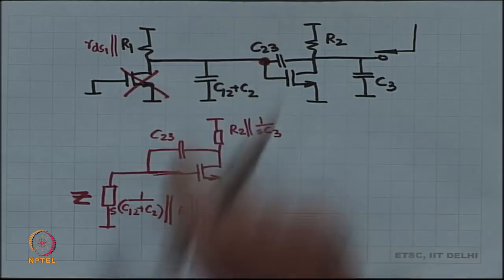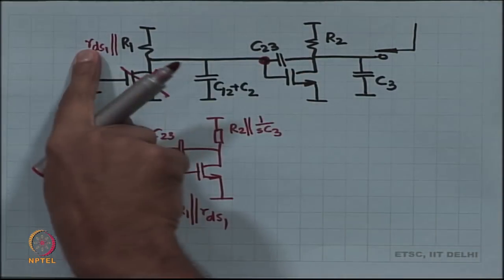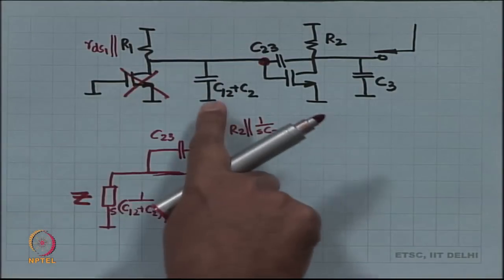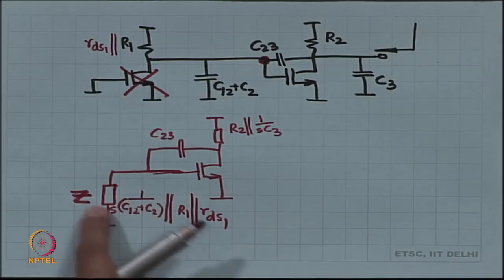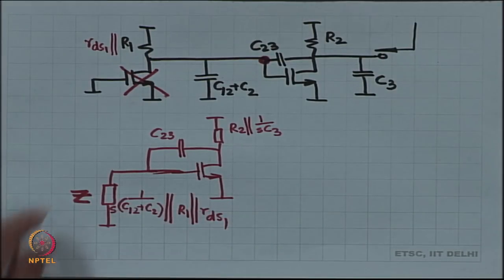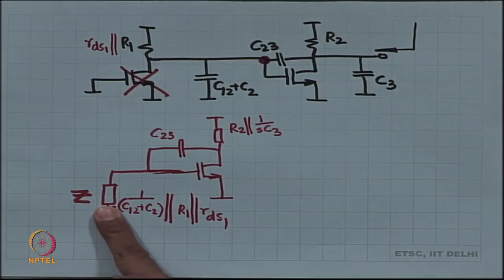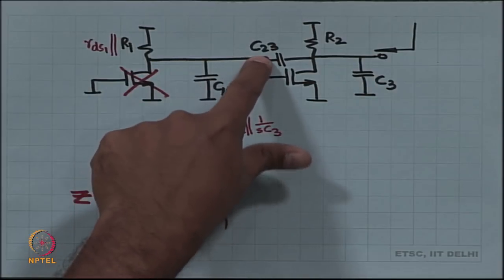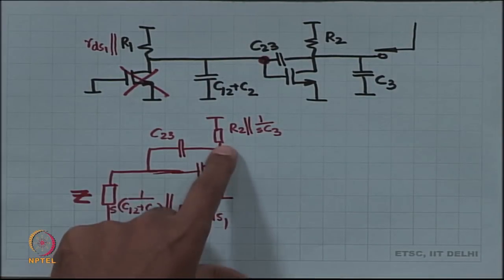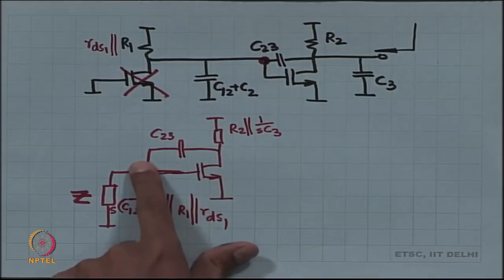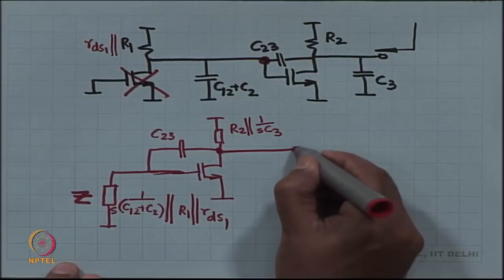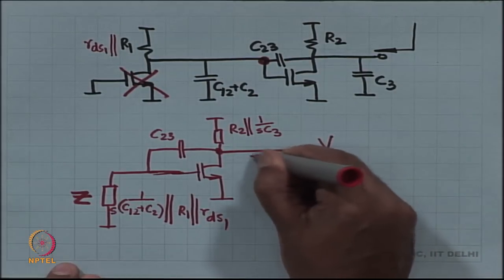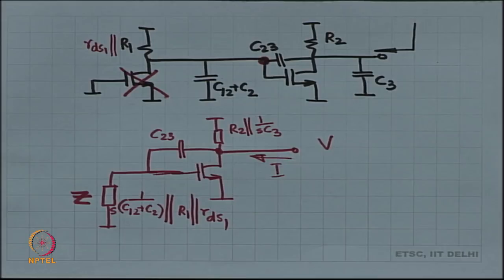So, you have got R1 in parallel with RDS1 over here, you have got C12 and C2. So, I have lumped all of that together as one impedance Z from this node to ground. And then in between here and the output you have got C23, and then over here you are applying a voltage V and trying to measure what is the current I, right. This is what you are doing.